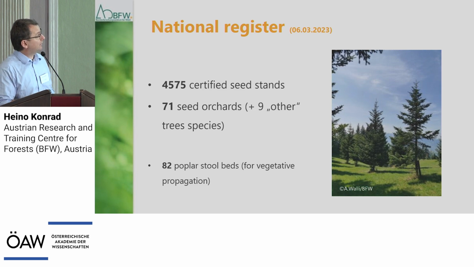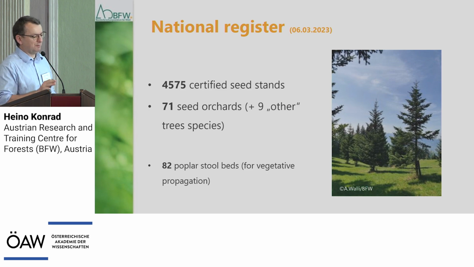So we have 4,575 certified seed stands, which is quite a lot for a small country like Austria. And then we also have 71 certified seed orchards by law, plus 9 others for tree species which are not covered by the law.